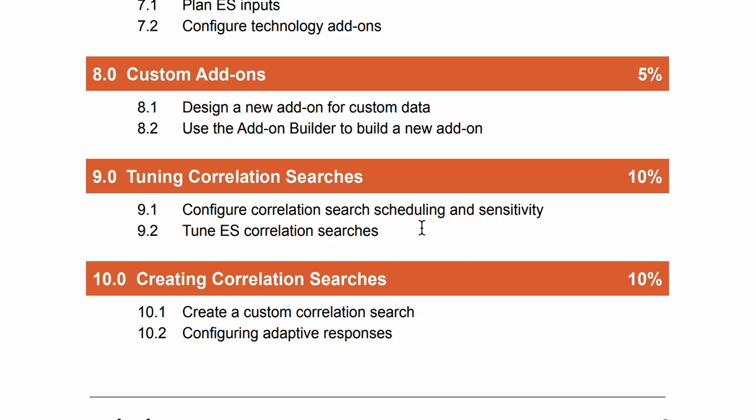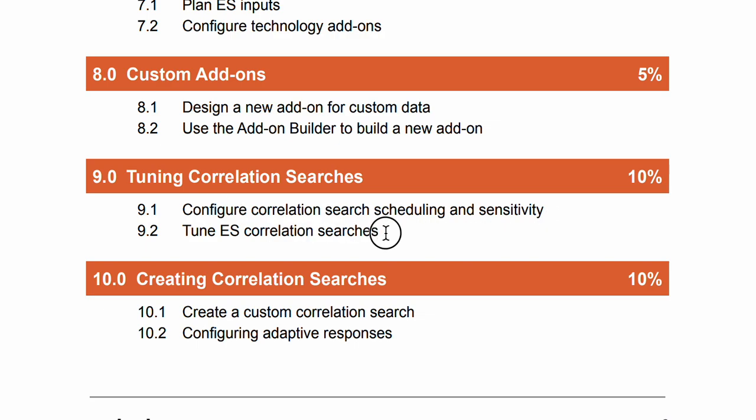Now this topic will talk about fine tuning those correlation searches. Again, if you are not aware of correlation searches, they are normal searches, saved searches, or you can say alerts, built on the Enterprise Security framework, the Enterprise Security application of Splunk. There are real-time or scheduled searches, so you can fine tune those searches as per your requirement.